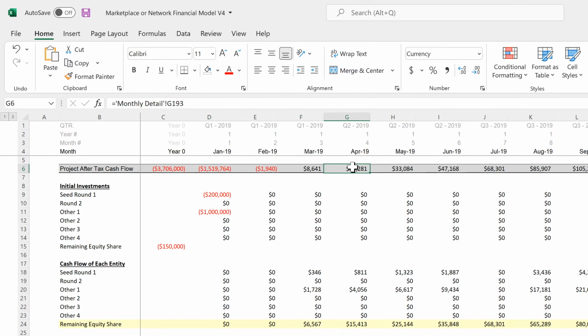Because you could have positive cash flows here even still. We just don't want to distribute anything if the month is negative. So I think we can actually simplify this formula and go if D6 is greater than 0, then just do what you do.